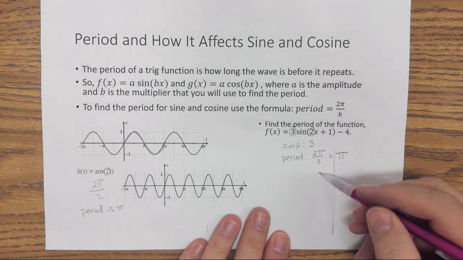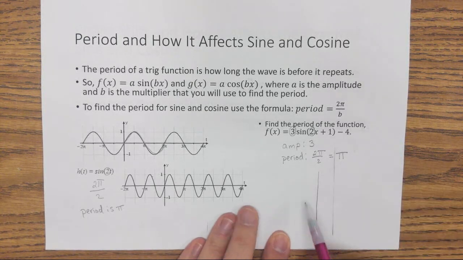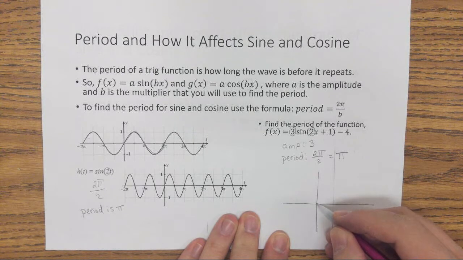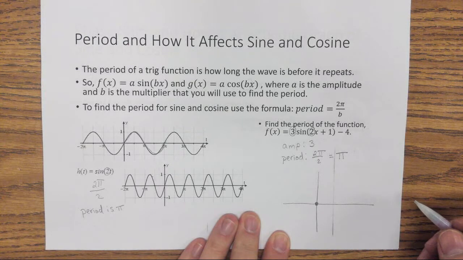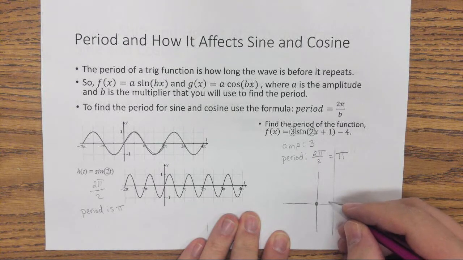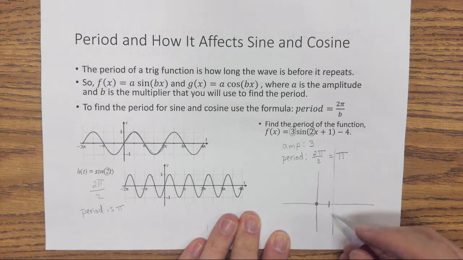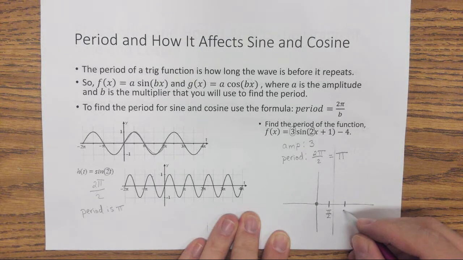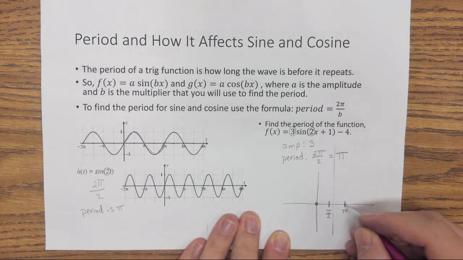So at this point, if I was going to draw a little graph of this, just to start out, remember I said that sine always starts at the origin. My halfway point is going to be pi over 2 on this one, because my full period is at pi, so that would be my ending point.